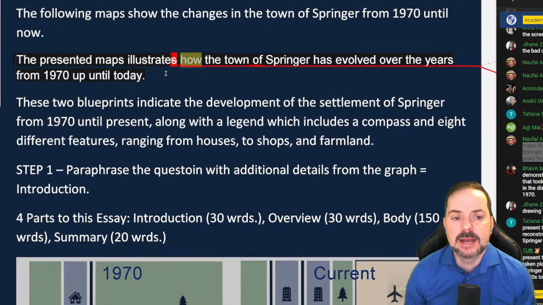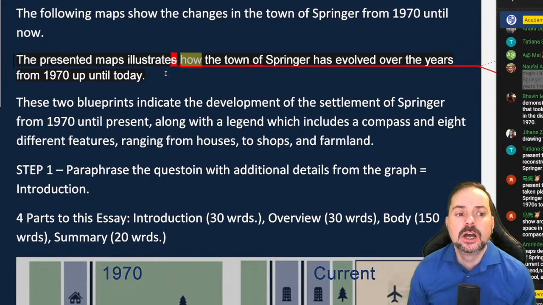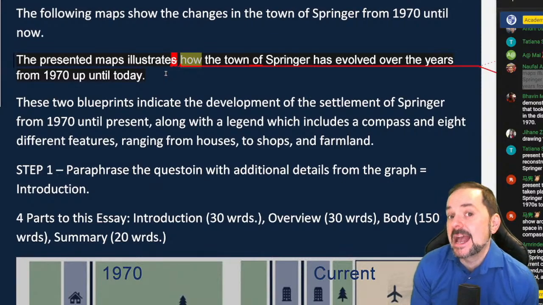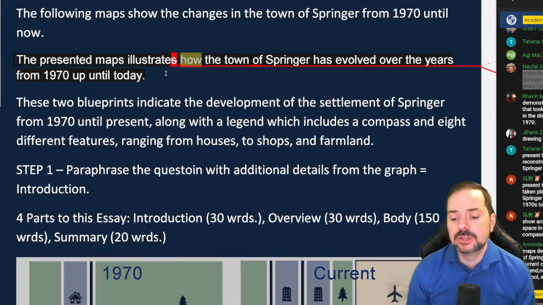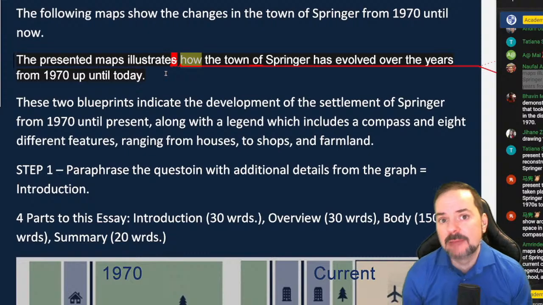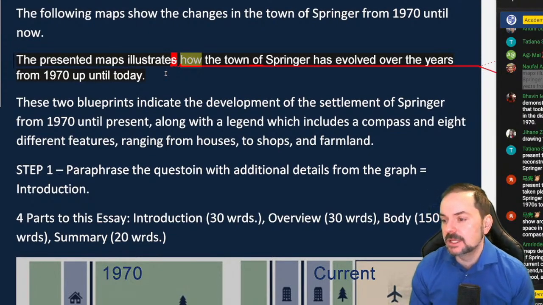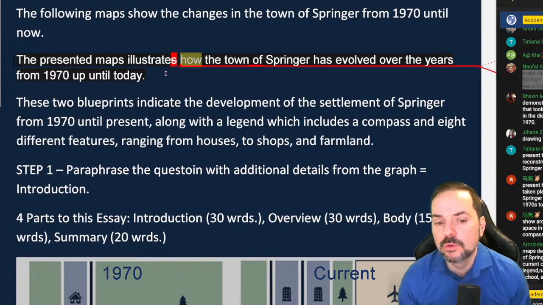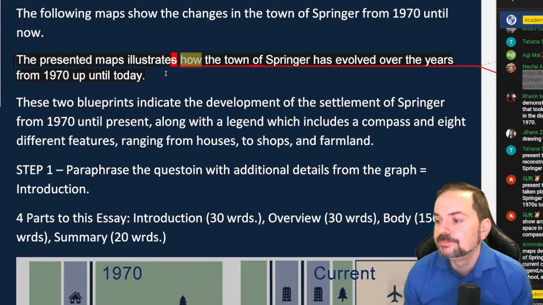So the presented maps illustrate the evolution of the town of Springer over the years, or from 1970 until today, instead of using how. Okay, especially because we don't know the how, right? So these maps don't actually explain to us how it happened. It just explains what happened. So careful with that. I hope that makes sense. Okay, so avoid using the question markers in your statements, like how.